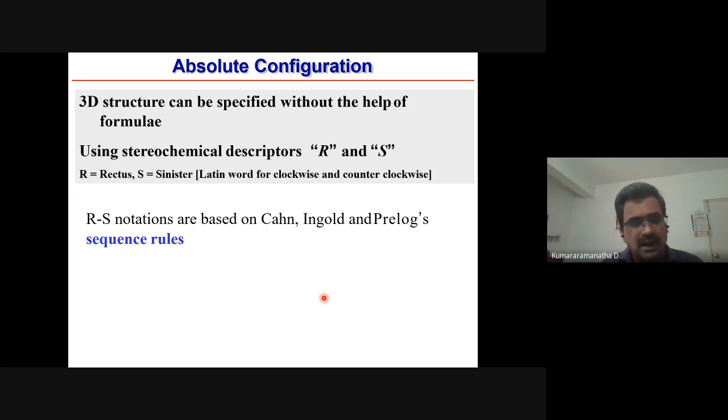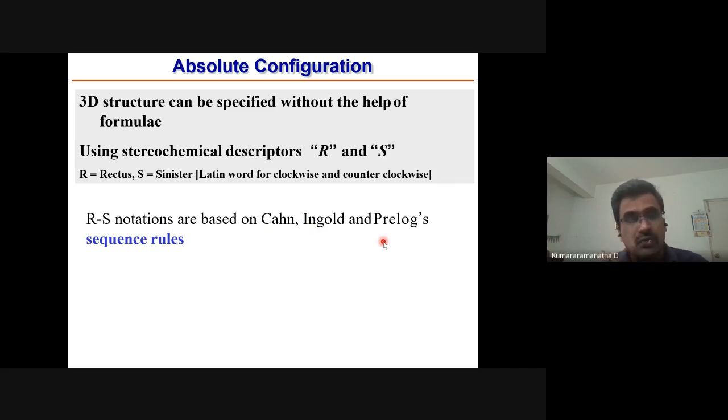Now, this question you can expect in a 6 mark or 8 mark question, combined with others. They can ask you to discuss CIP. C stands for Cahn, Ingold, and Prelog.